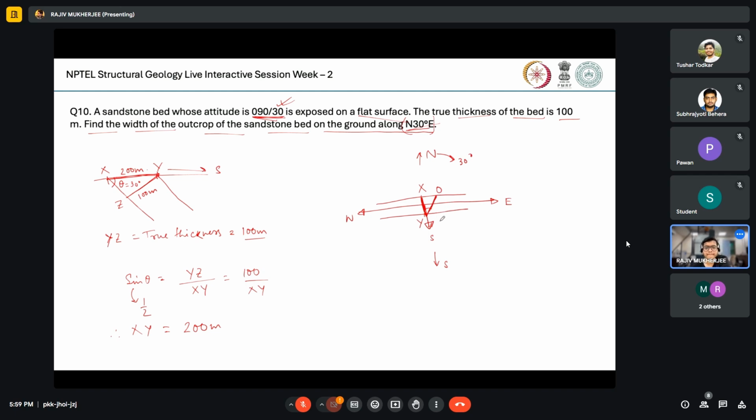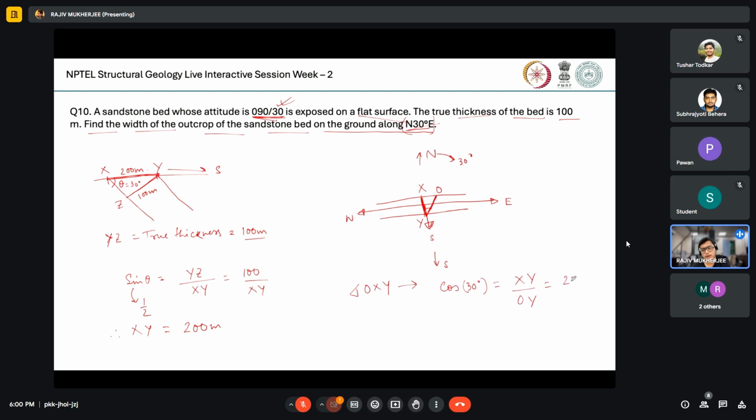In the case of triangle OXY, we can say that cos of 30 degrees is equal to XY by OY, right?